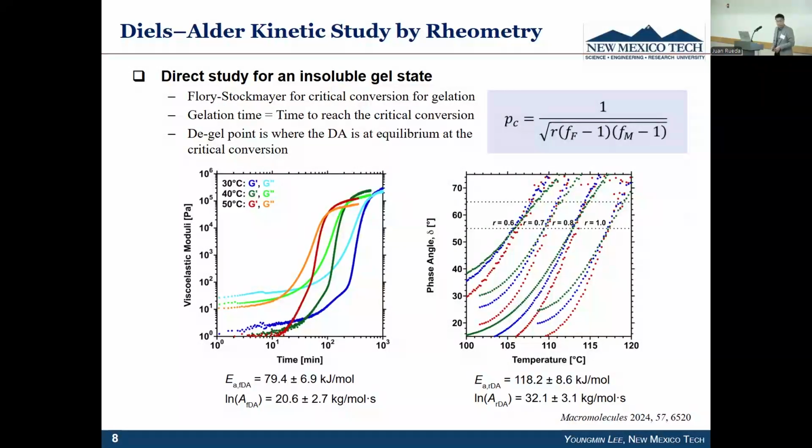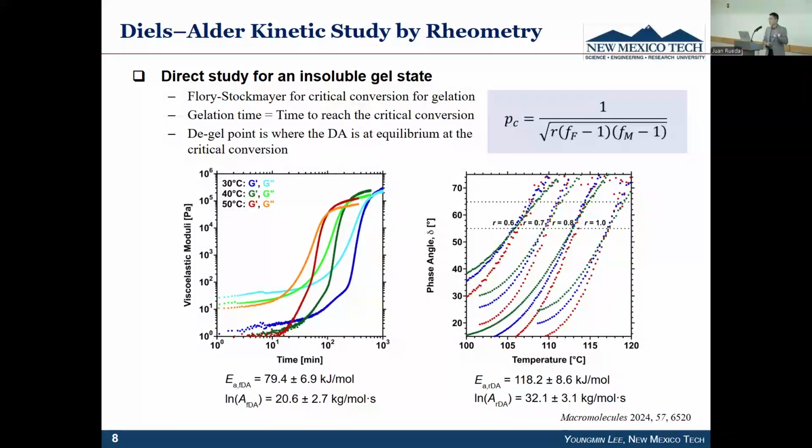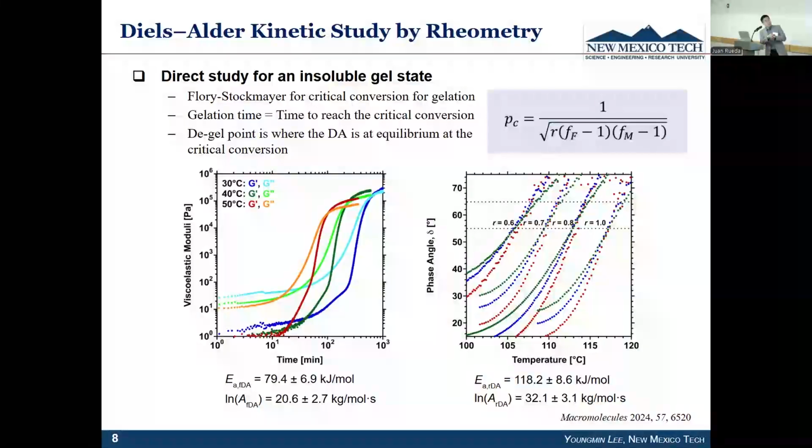Okay. And during that study, I got a simple question. If you check this equation, this Fm or Ff is the functionality per molecule. So if you increase the functionality per molecule, we get a greater value in the denominator, and we can decrease the critical conversion.